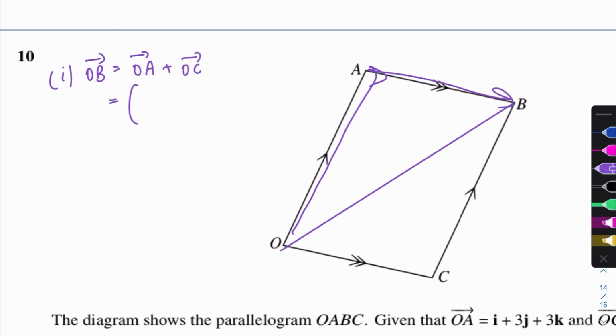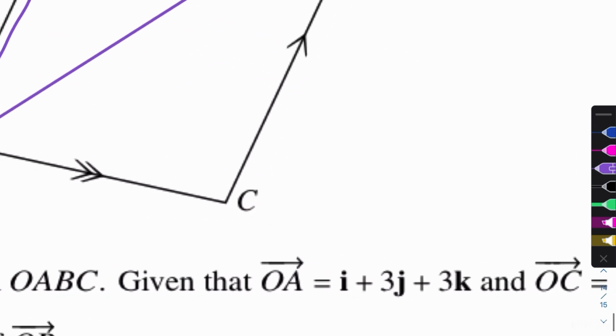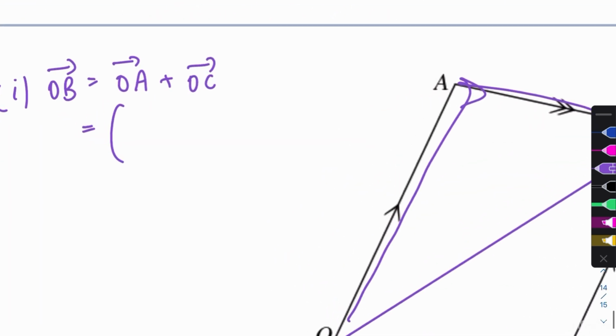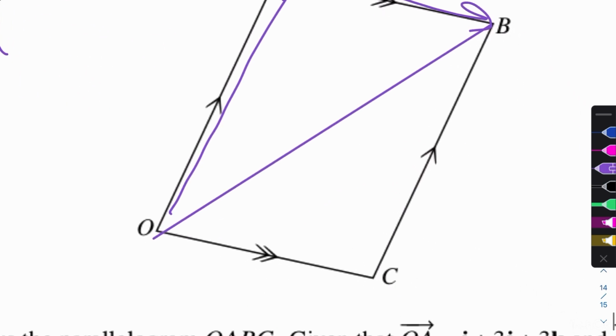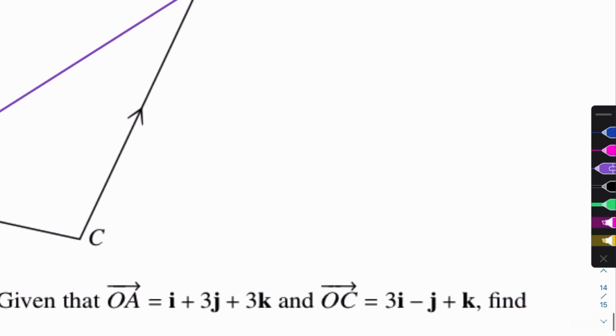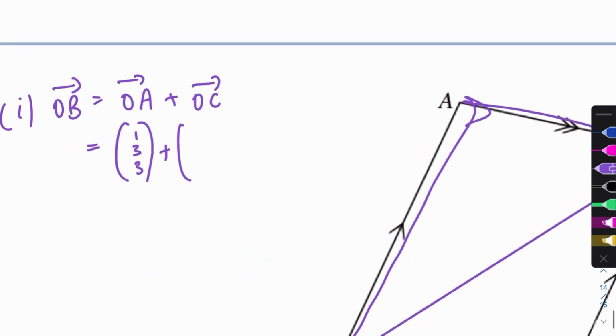And what is OA? We know that OA is (1, 3, 3) plus OC, which is (3, minus 1, 1). Now we're just adding across, so that'll be 4, 2, and 3 plus 1 is 4. (4, 2, 4).